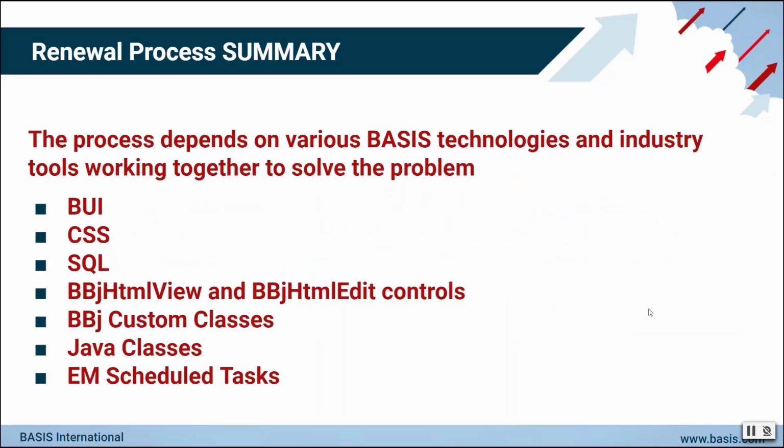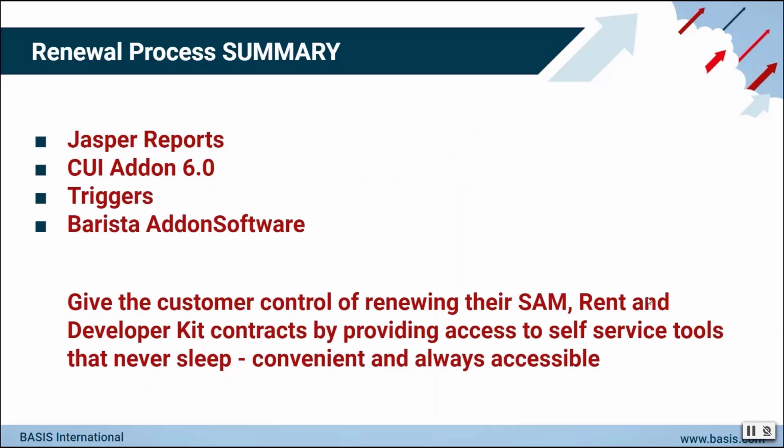The process depends on various Basis technologies and industry tools working together to solve the problem. We utilize BUI, the browser user interface, CSS, cascading style sheets, SQL, structured query language, BBj HTML view and BBj HTML edit controls, BBj custom classes, Java classes, EM scheduled tasks that kick off the early warning notices and also kick off the auto generation invoice process.